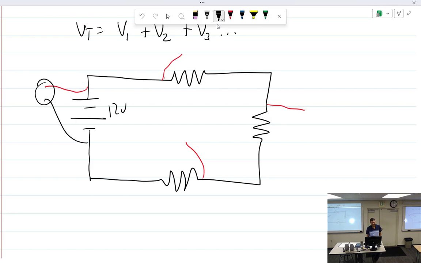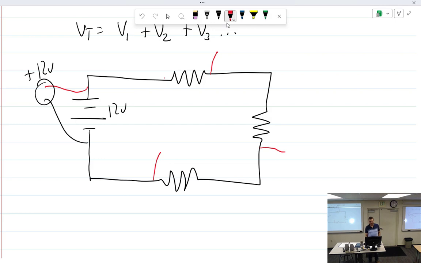On a digital meter it'll read positive 12 volts. Moving around in the same way, I would have the red lead this way, and I never move hands. Red lead, red lead, red lead. See how you never left hands.